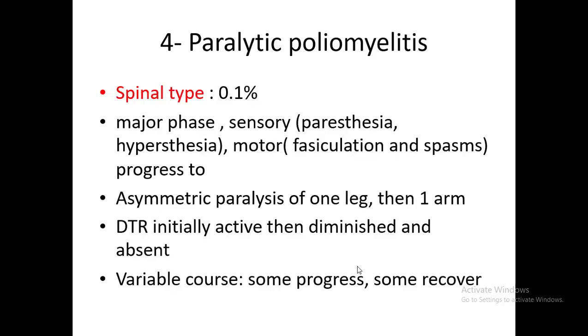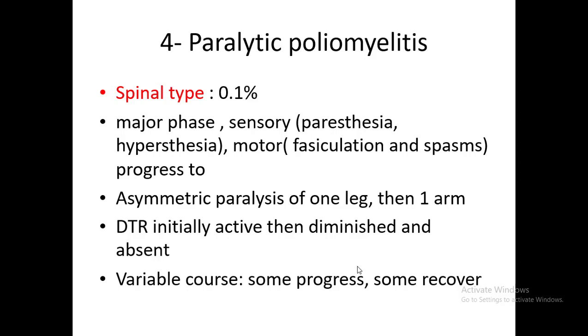The classic spinal paralytic polio accounts for 0.1% of the cases. The major phase is a paresthetic phase. The child is irritable and looks uncomfortable. There is some fasciculation and spasms, which progress into asymmetric paralysis of one leg.